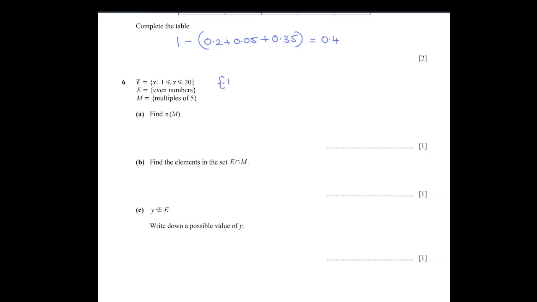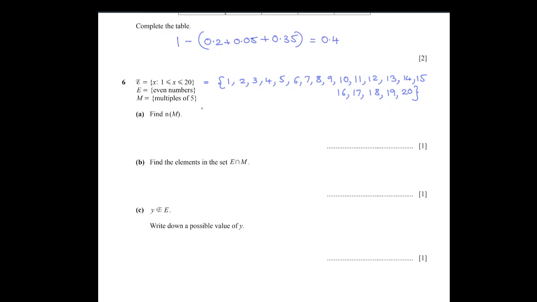So the universal set will be 1, 2, 3, 4, 5, 6, 7, 8, 9, 10, 11, 12, 13, 14, 15, 16, 17, 18, 19 and 20.